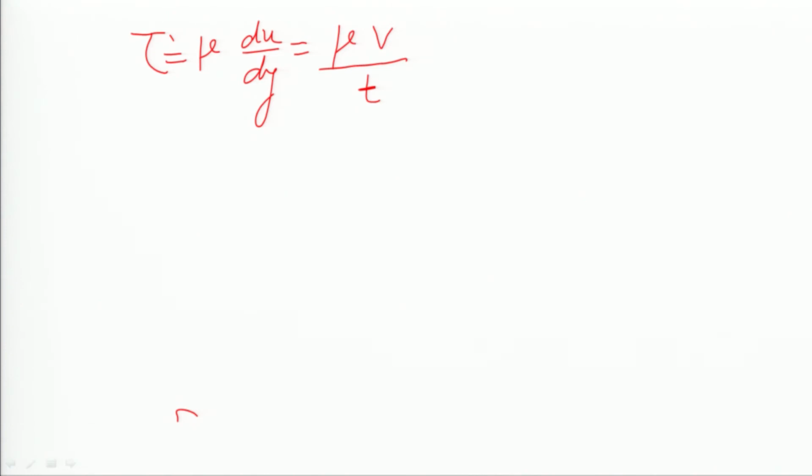And what about v? We can write v equal to r into omega. So, in place of v, we write r omega: mu r omega upon t, very fundamental.